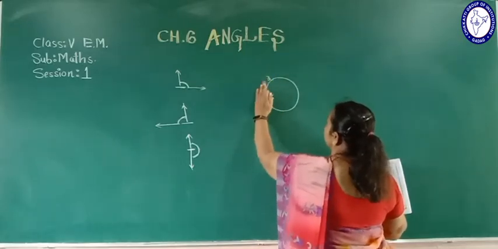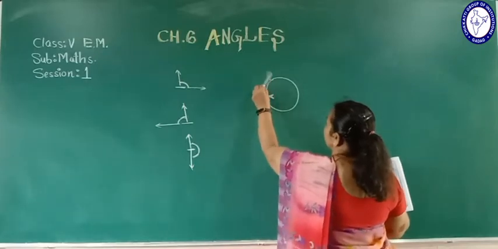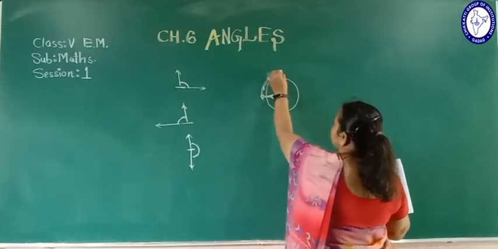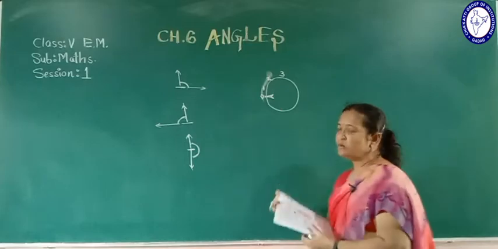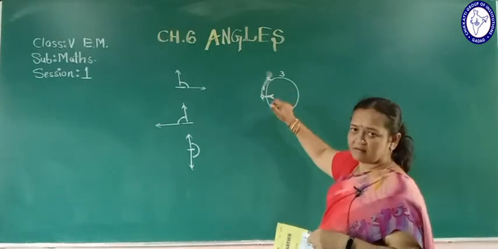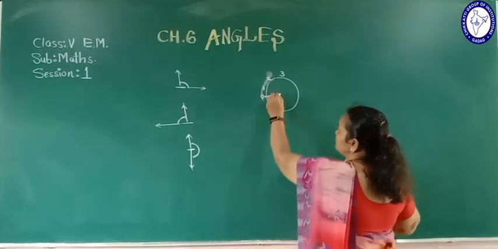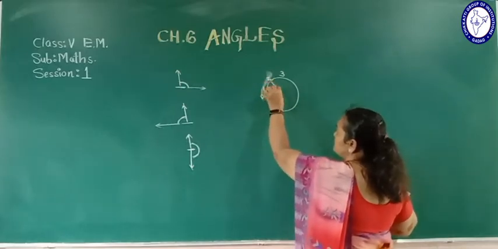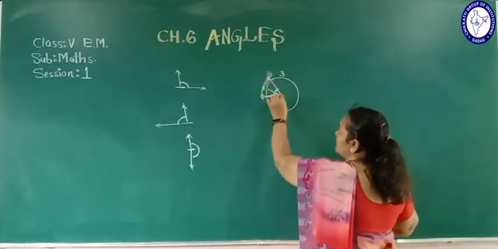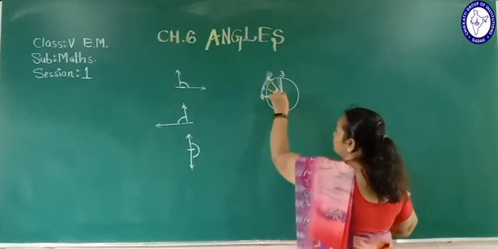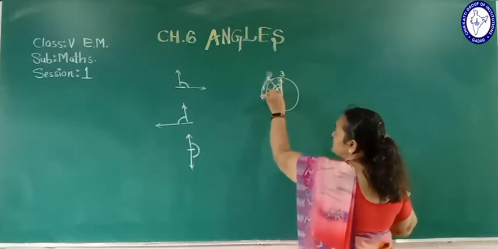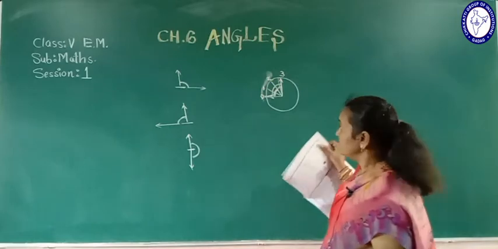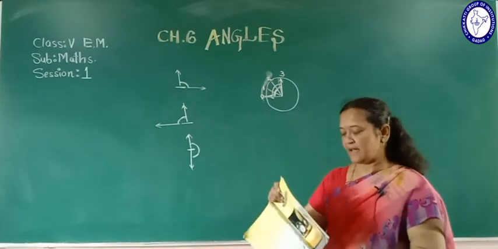And what do we do? This regulator we turn. If it is turned to 1, then this is the space covered. If it is turned to 2, this is the space covered. If it turns to 3, then this is the space covered. Okay. So this space is called an angle.